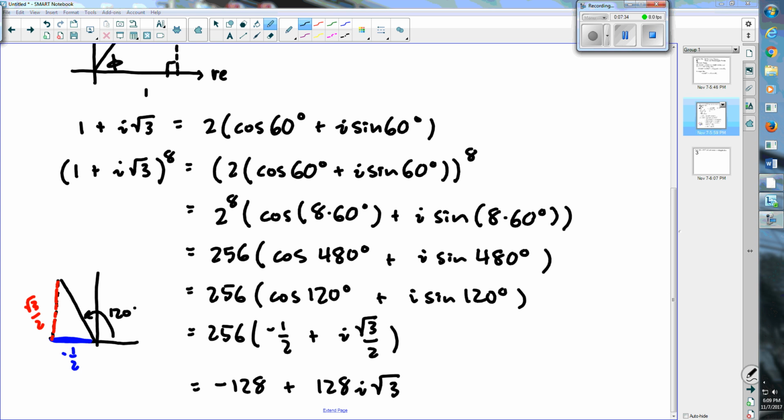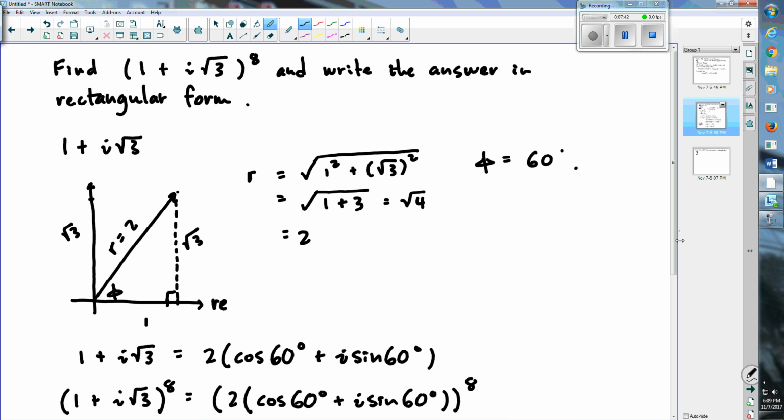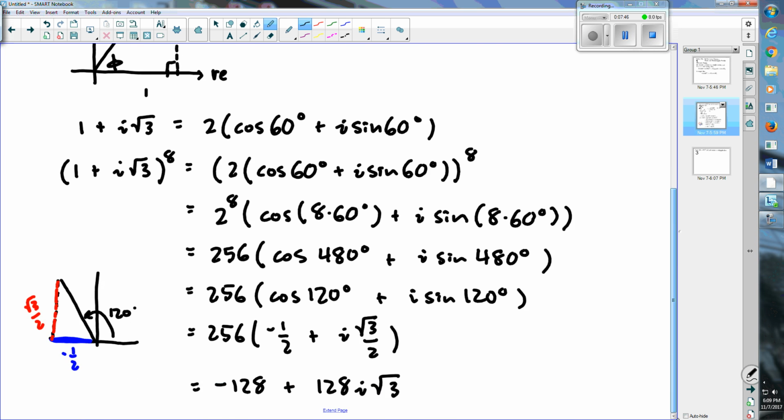Okay, so what we have here, the negative 128 plus 128 i √3, is the same number that we started with up here, the 1 plus i √3 to the 8th, and it's in rectangular form.